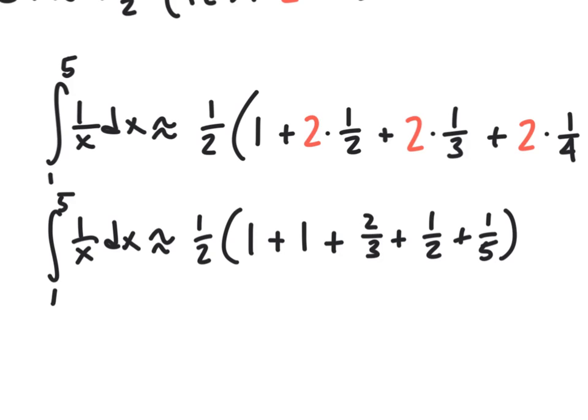So the approximation that we get is the integral from 1 to 5 of 1 over x dx is approximately equal to, and after I added up all these numbers and multiplied by 1/2, I ended up getting a value of 1.683, which is pretty close to what we're supposed to get.